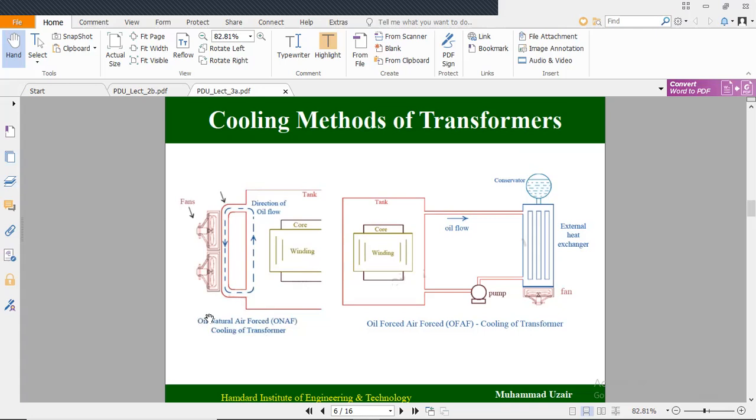Moving towards the next aspect, oil force air force cooling of transformer. You can see the air force by this mechanism.